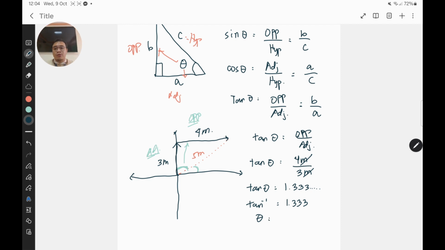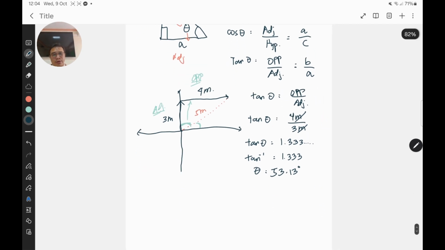If you want to know how to get the inverse of the tangent, you input the value 1.333, then you press shift and then press the tangent function in your calculator, then that will give you a result of around 53.13. So that would mean this is 53.13 degrees. Okay, so 53.13 degrees. So that would be my angle right now.